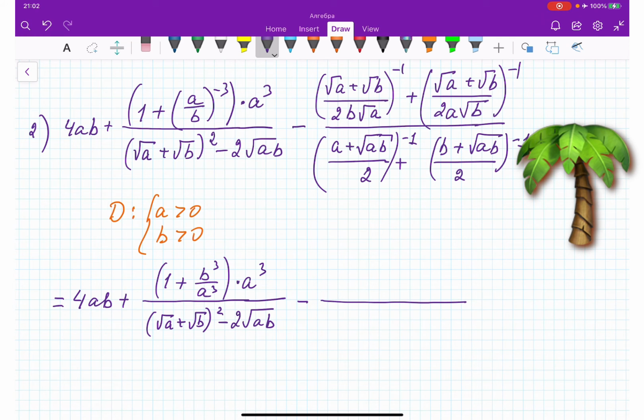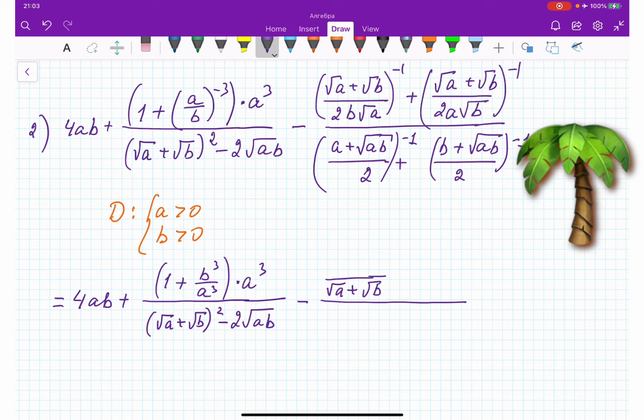Let's see what we have here. So second fraction, I have degree -1, which means I'm going to flip denominator with numerator. So we are going to have here square root a plus square root b.